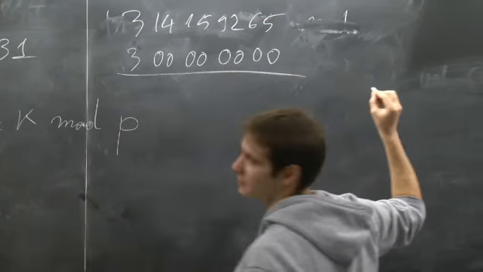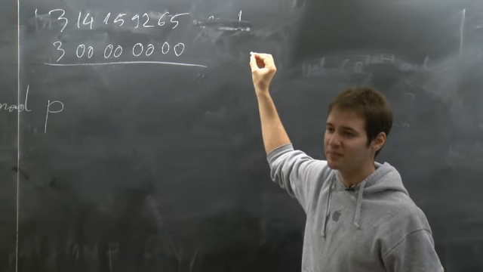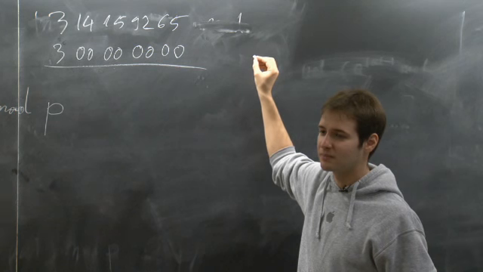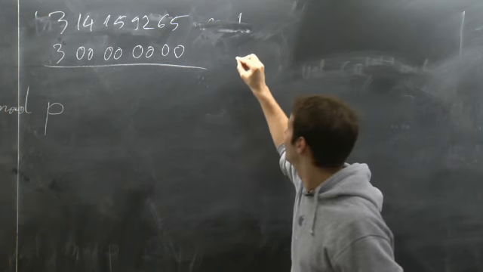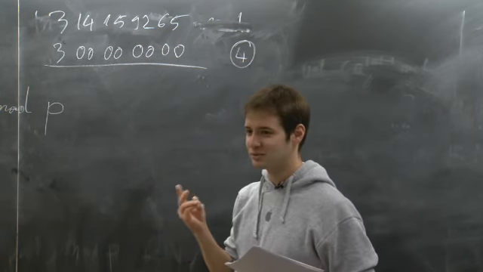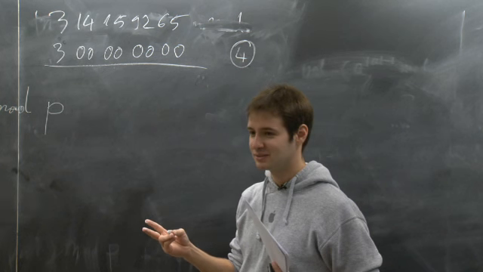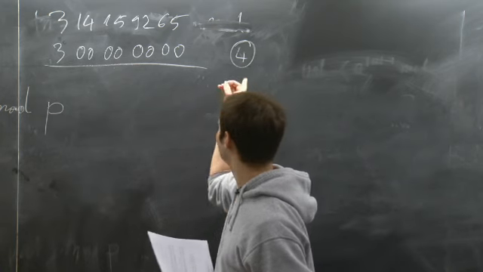How many of them are there? 8. How many digits in base 100? Base 100, so one base 100 number is 2 digits, so that's 4. That makes sense.